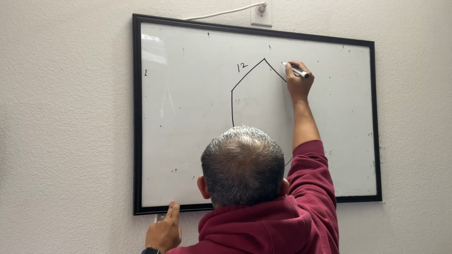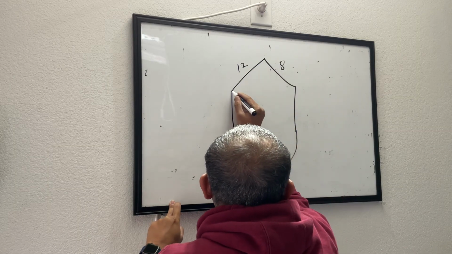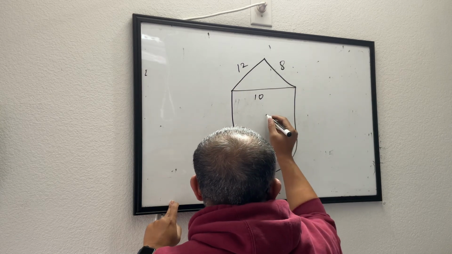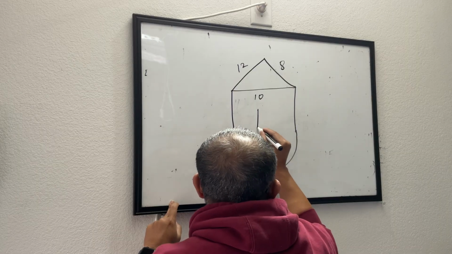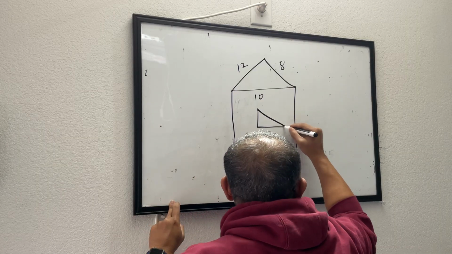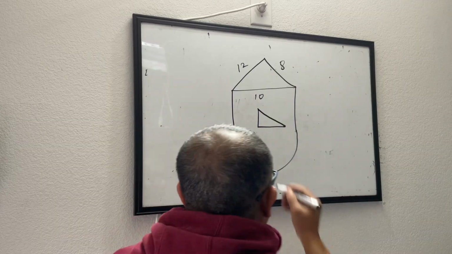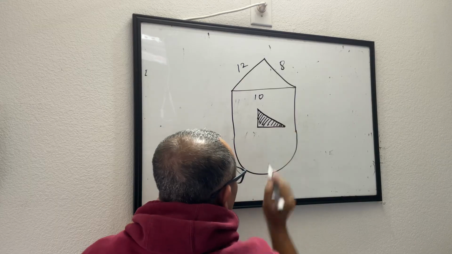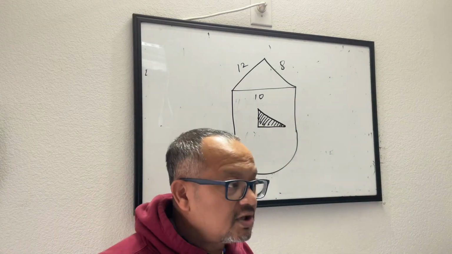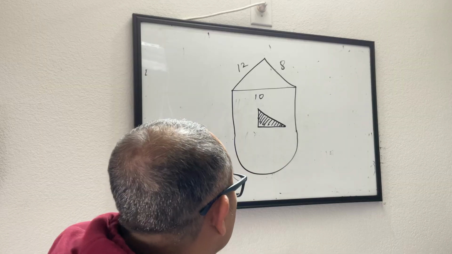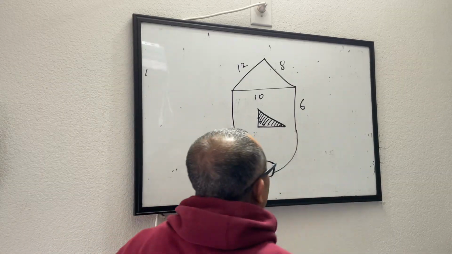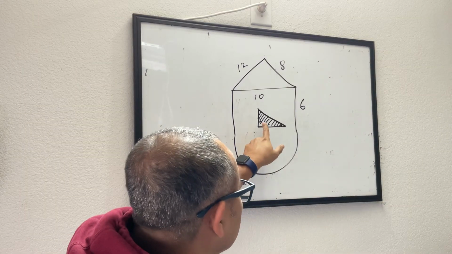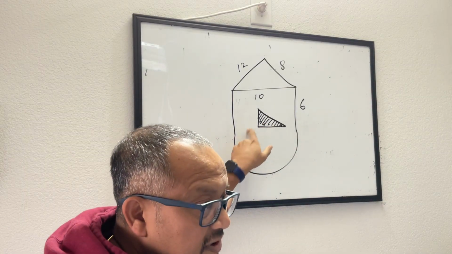This is 12, let's say this is 8, this is 10, and then what I'm doing is I'm cutting a piece out of it. This is like a hole that I have drilled in this diagram. I want you guys to find out the area of this composite shape, and make sure that you're not counting this one, because this is a hole that I have cut in the whole shape.